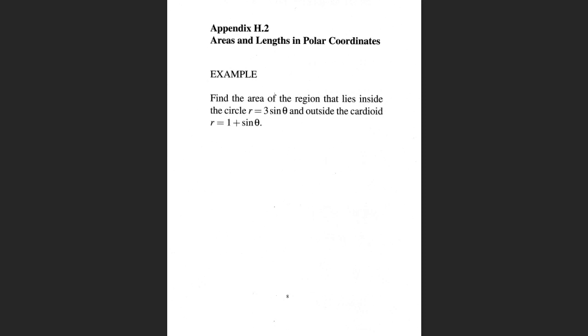So this is an interesting problem. We want to find the area of the region that lies inside this circle, r equals 3 sine theta, and outside this cardioid, 1 plus sine of theta.